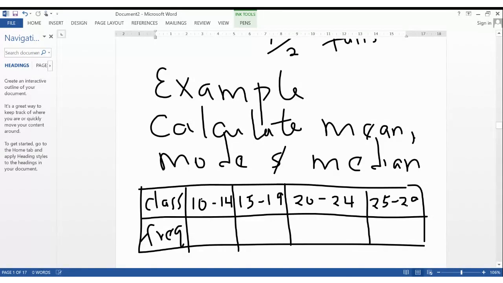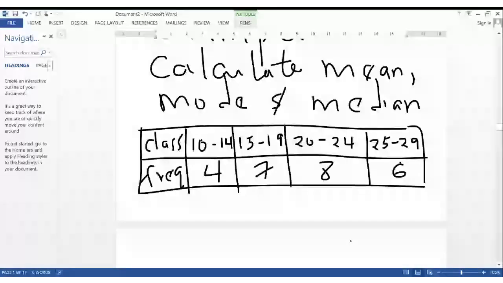Then let's say the frequency is around 4, 6 maybe, then we have 7, then we have 8. It's just a simple example. So we need to calculate the mean, the mode, and the median for that data.